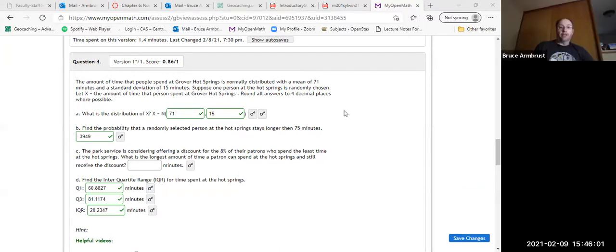Okay, well, let me draw a picture. I'm a huge fan of pictures. I think they definitely help us see what's going on. All right, so think about a normal distribution. It looks something like this. All right, we got our good old bell shape. For this one in particular, we know that the mean was 71 minutes.